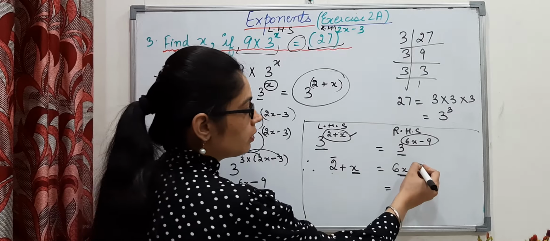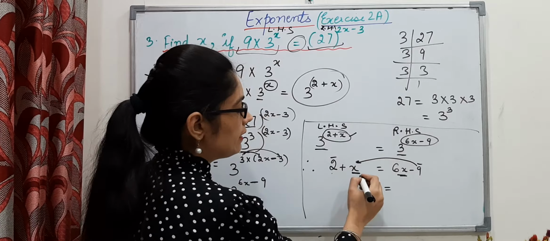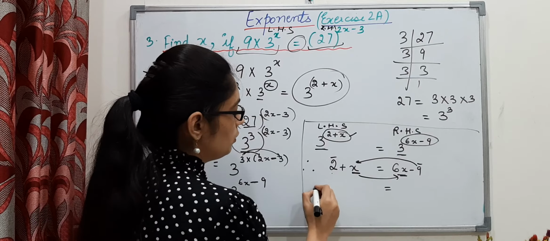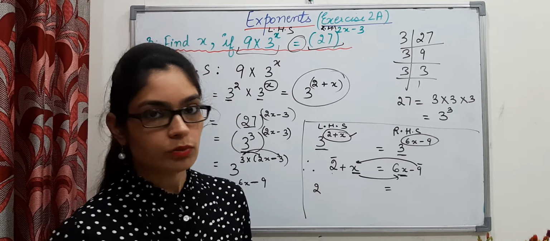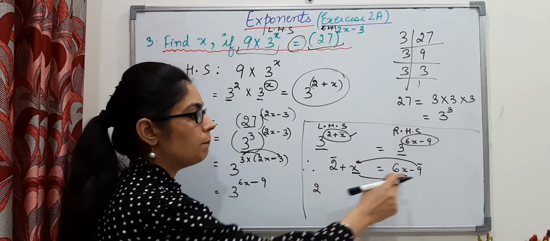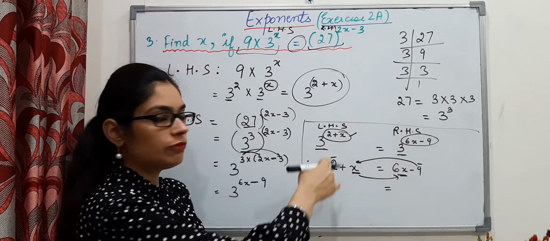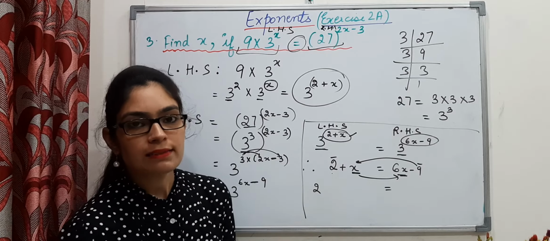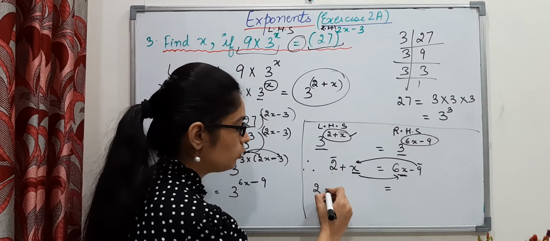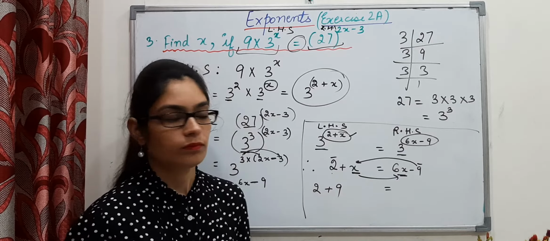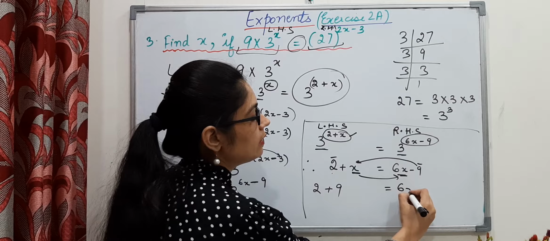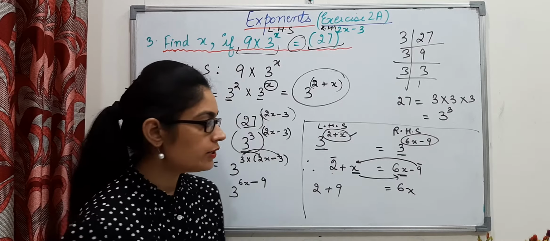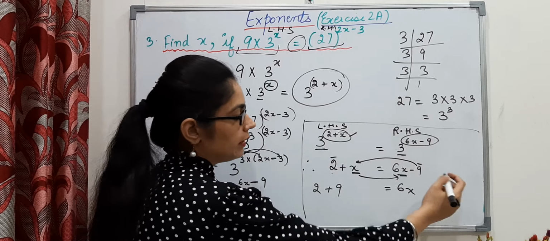So let's shift this minus 9 to this side and x to this side. 2 I will write as it is, because side of 2 I am not changing. 2 minus 9, if I shift it to this side, minus 9, on changing the side it will be changed to plus 9. 6x is already there, side of 6x I am not changing, only x I am bringing to that side.